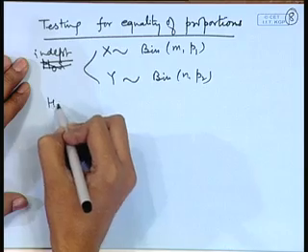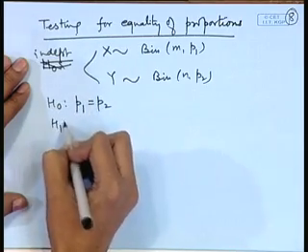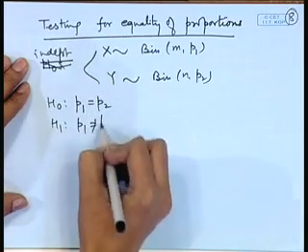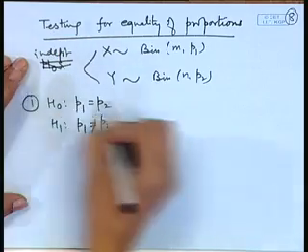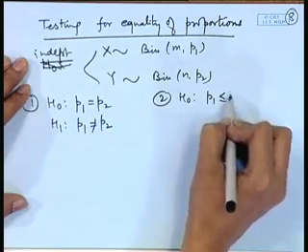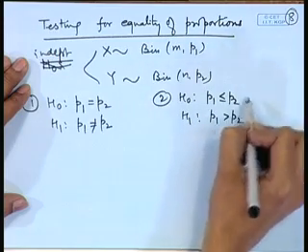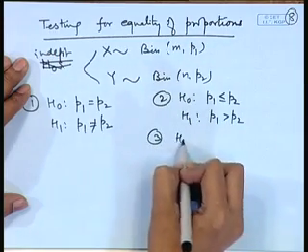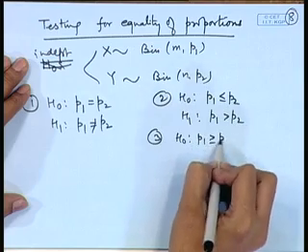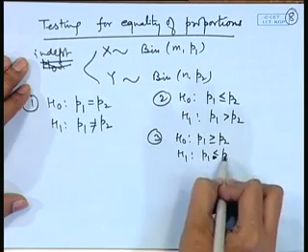We are interested in testing a hypothesis of the form H0: p1 = p2 against H1: p1 ≠ p2, say this is 1. We may test p1 ≤ p2 against p1 > p2, or H0: p1 ≥ p2 against H1: p1 < p2, etc.